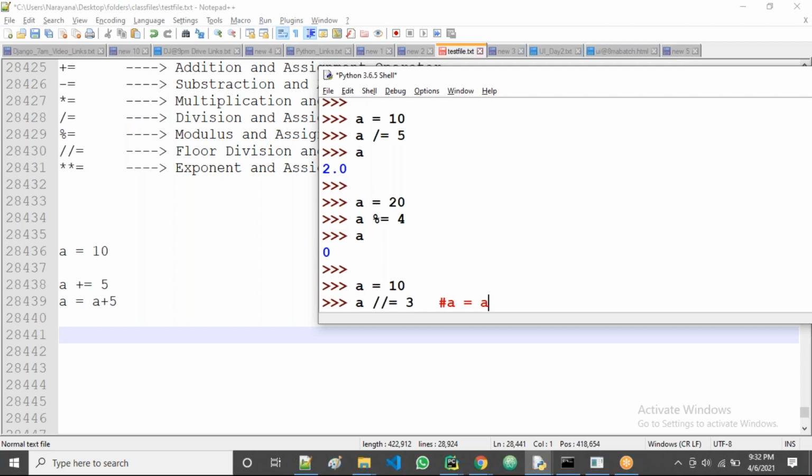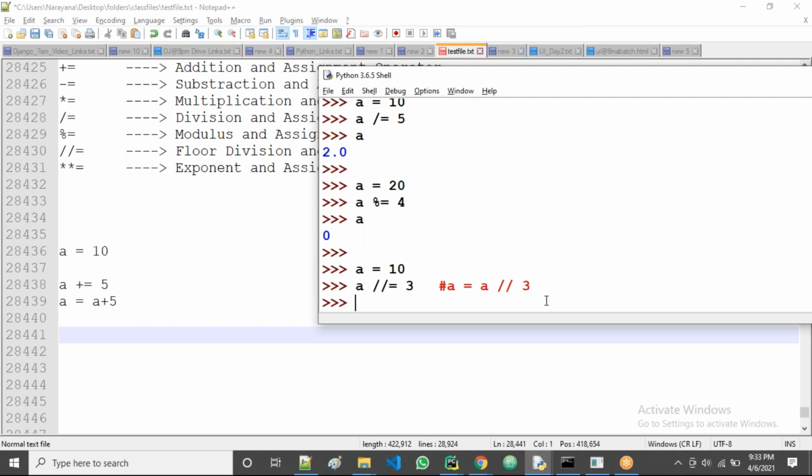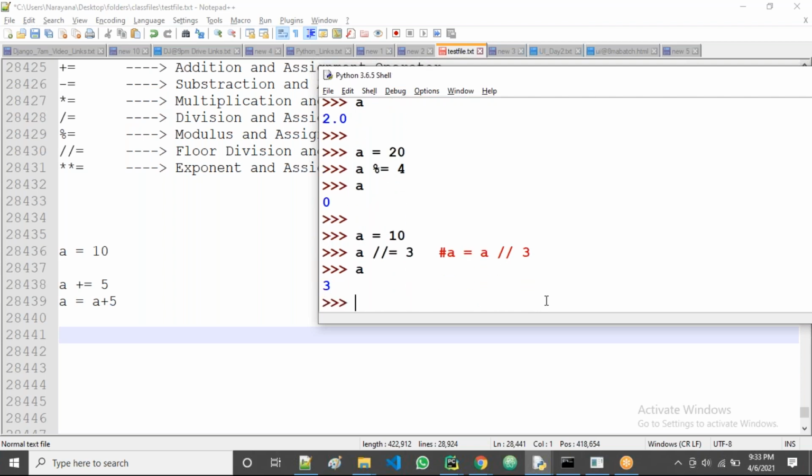Internally a = a // 3. So 10 floor division 3, how much now? Is it 3.3 or only 3? Right, only 3. Yes, very good.